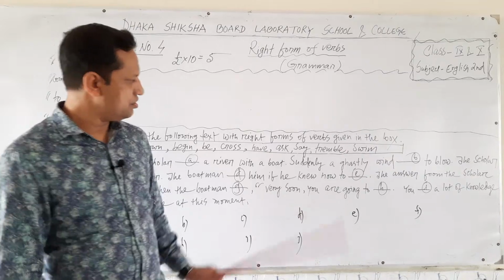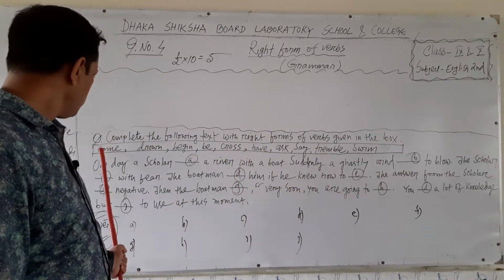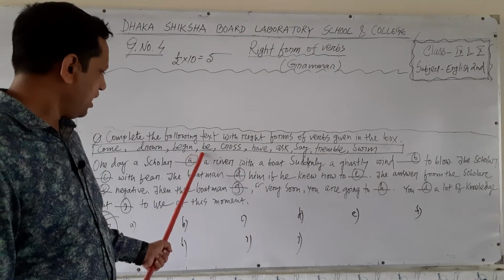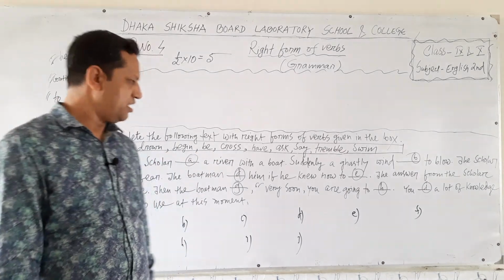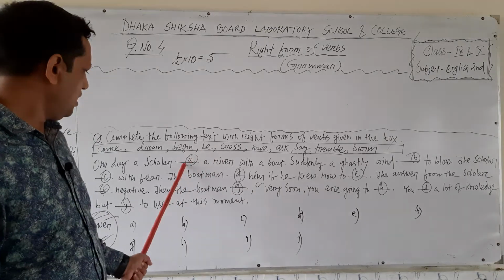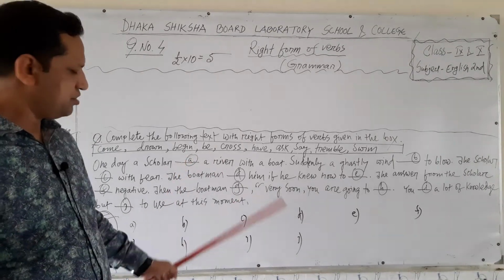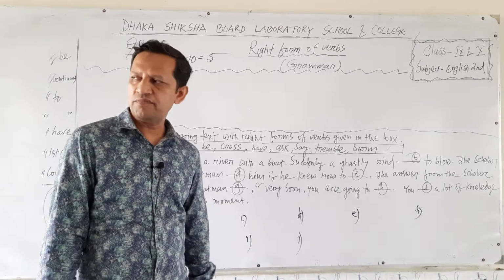You have to choose the right form of verbs from the box according to tense, sentence and structure. Then you have to fill the passage using the correct form of verbs.